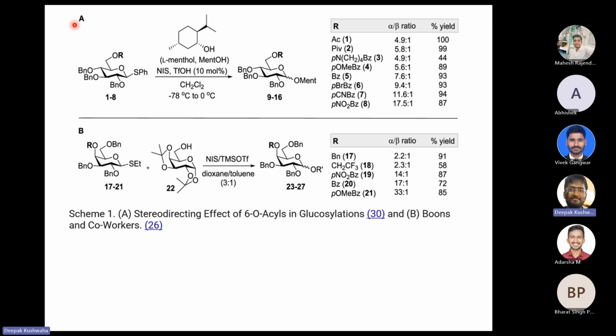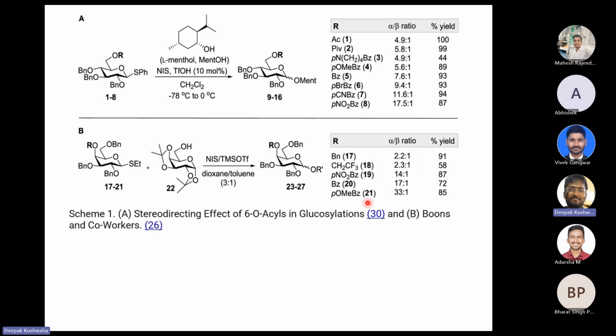Whatever A is, it is coming from the Jensen group, whose paper I am presenting now, and this is coming from the G.J. Boons group. What the Jensen group claims is that the selectivity they got in glucose follows a completely opposite trend from this report, but they have done it on galactose. In this report, the more electron-rich benzoate group gives more alpha-selective product compared to the nitro or trifluoroethyl protecting group, which is more electron deficient.